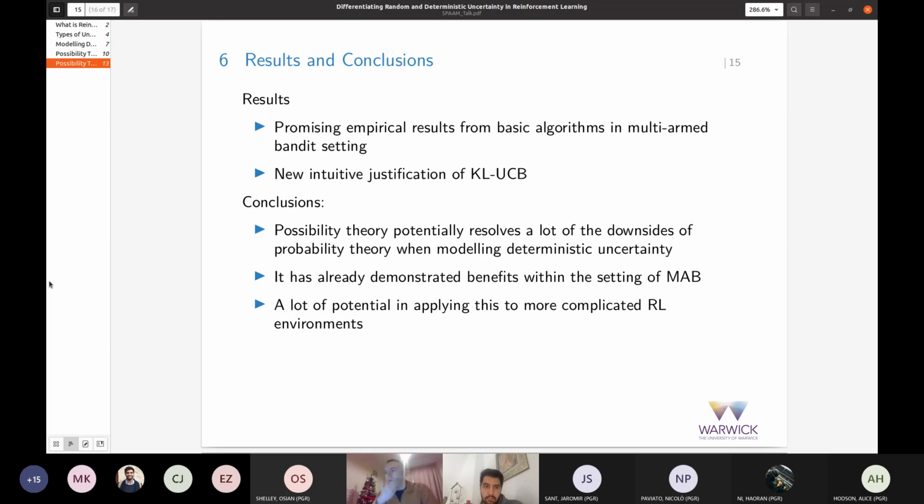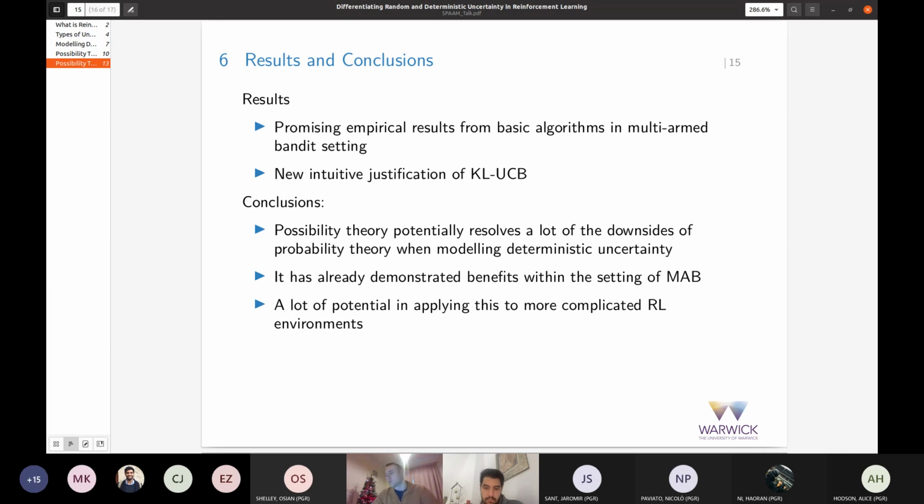So we got some promising empirical results from basic algorithms in the setting that were derived from possibility theory, and also found a new, in my opinion, much more intuitive justification for KLUCB, which is an existing algorithm that solves the multi-arm bandit problem and is one of the best algorithms that already exist.